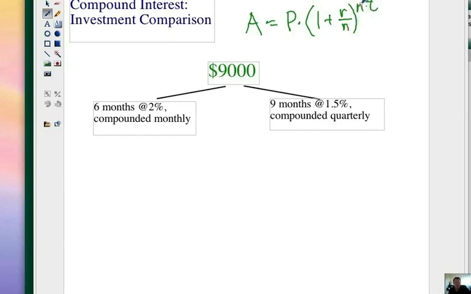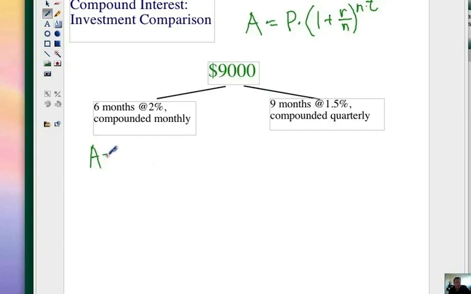Now that's all raised to the nt power. The reason why it's to the nt power is because every time we compound it, that's a multiplier effect, so it becomes an exponent. n is the number of times compounded in a year, and t is the amount of time you're investing in terms of years. So I've got to be a little careful about that.